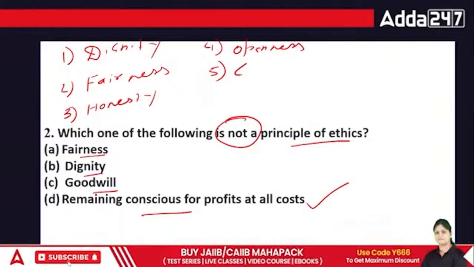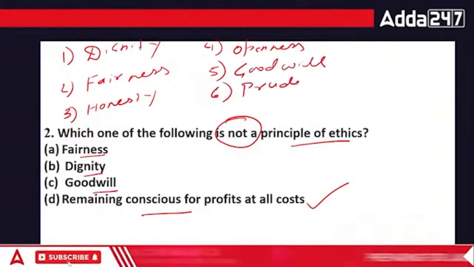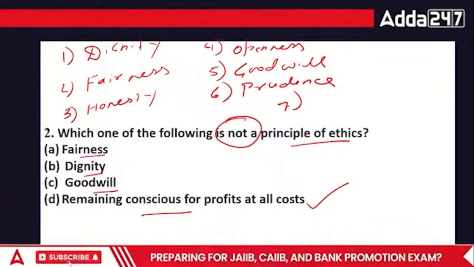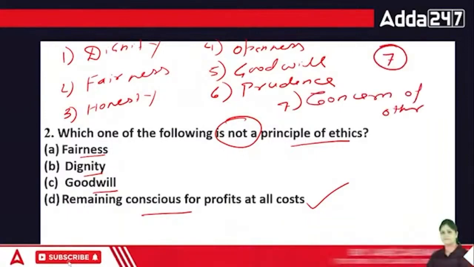Number six is prudence, and number seven is very, very important, that is concern for others. So these are the seven principles of business ethics: dignity, fairness, honesty, openness, goodwill, prudence, and concern for others.